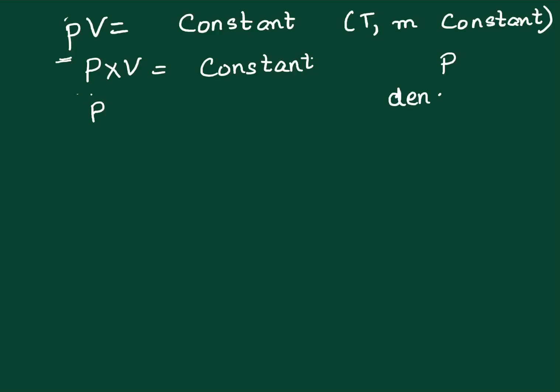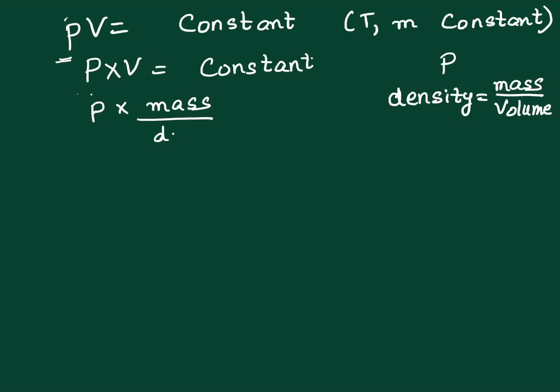We say density is the mass per unit volume of a substance, right? So, I can write volume as equal to mass divided by density. So, that will again remain as a constant, right? Now what did we say when we defined Boyle's law?